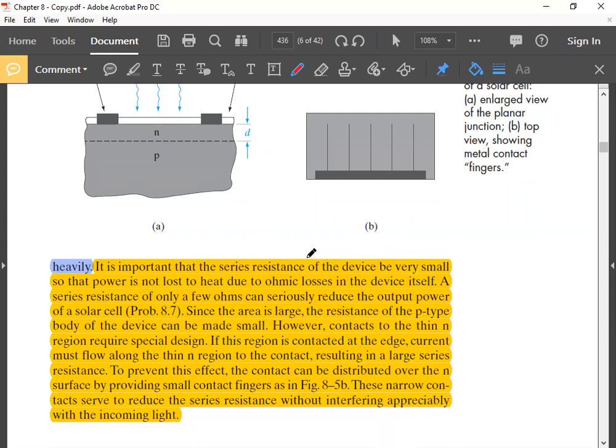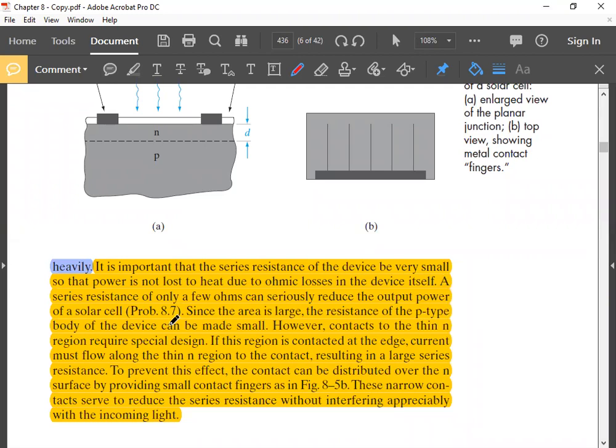If there is an I square R loss in contacts, then the power obtainable from the solar cell gets reduced. Remember, each solar cell can deliver a very small amount of current. So if the power delivered by a solar cell is already small, I square R.